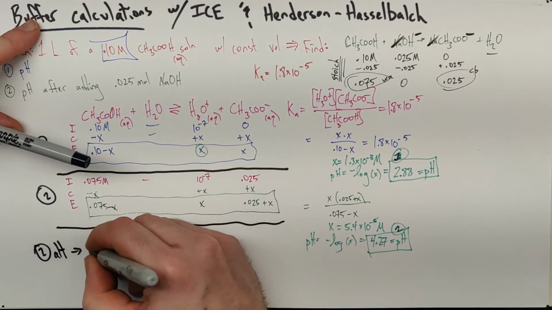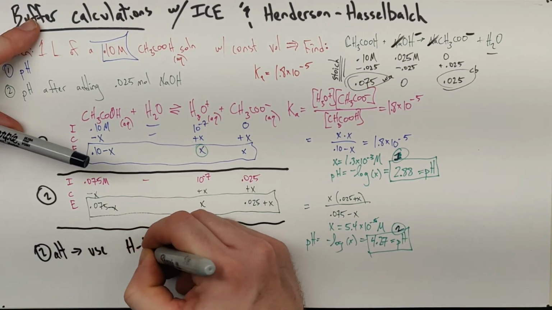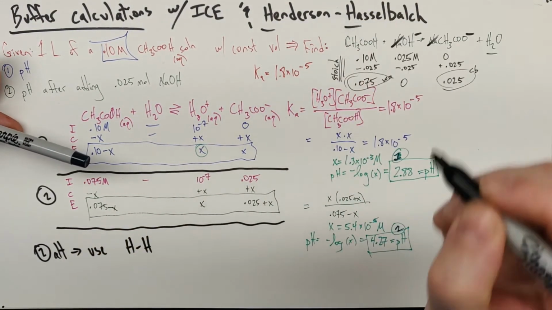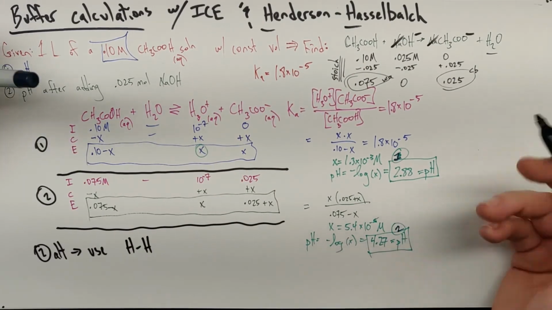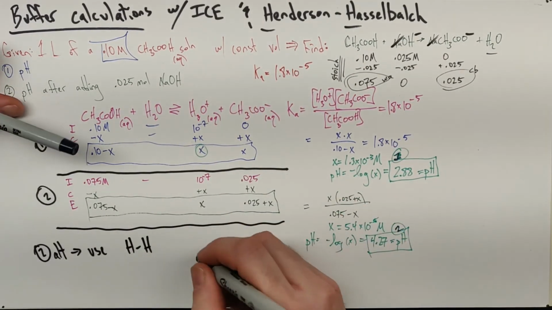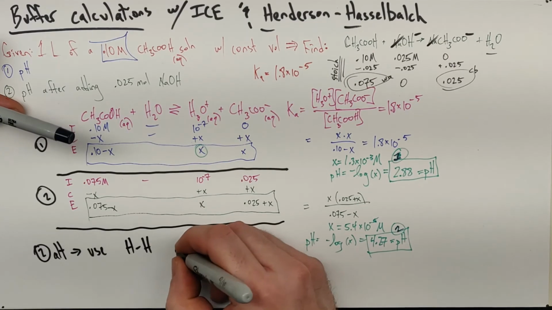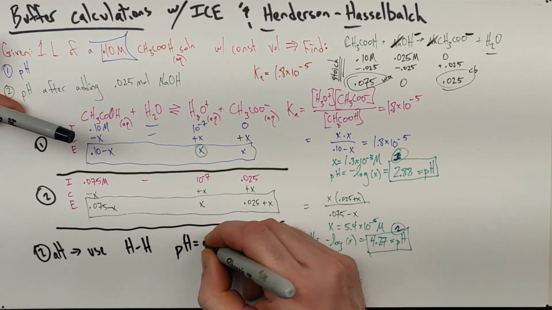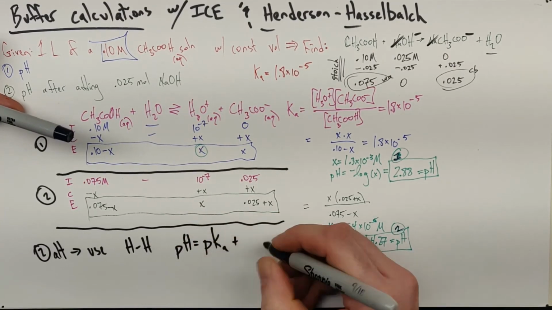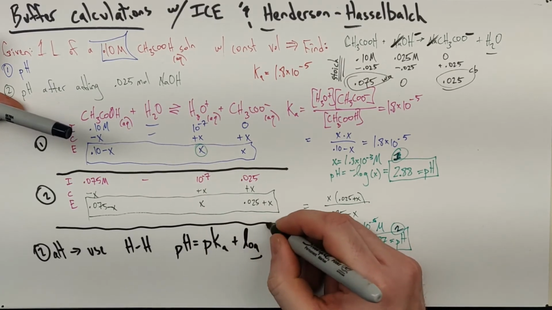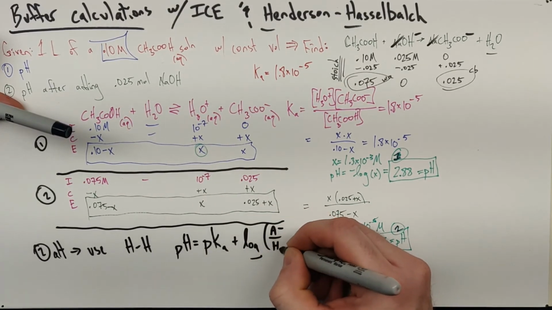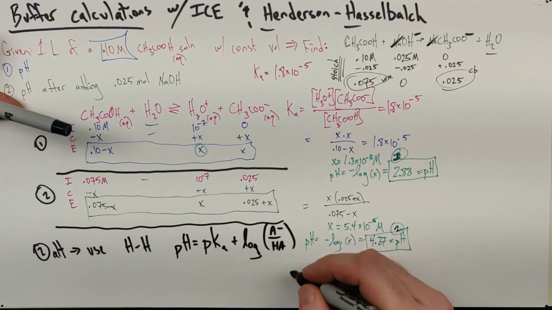We're going to use the Henderson-Hasselbalch equation. In that setup, as we showed in a previous video, the Henderson-Hasselbalch equation just says that pH for a buffer system is pKa plus the log of whatever amount of A minus we have over HA, our conjugate base over our acid.